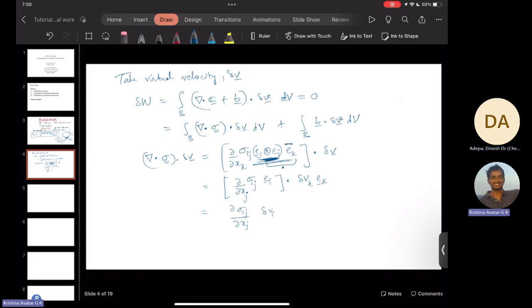This becomes i. Now you see there are two Einstein summations going on, one over i and one over j. The sum over j gives us the divergence along a particular i, and then we perform that for every i. Now, how do we reconcile this?